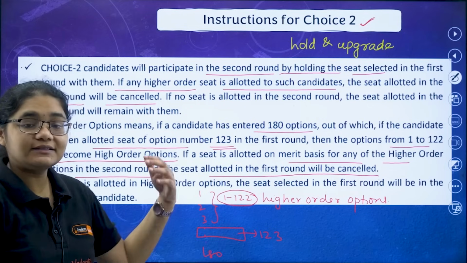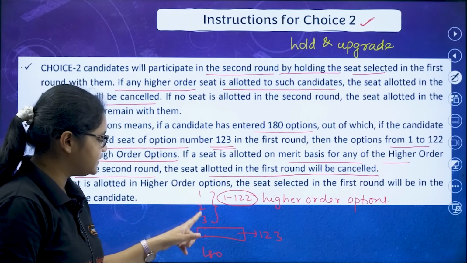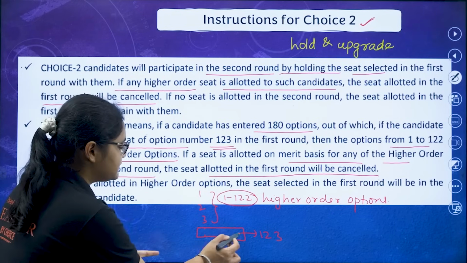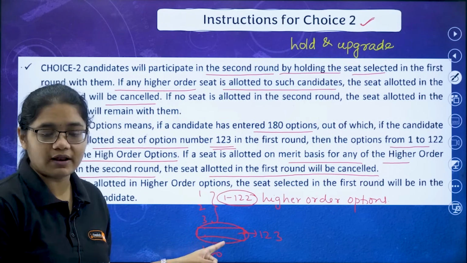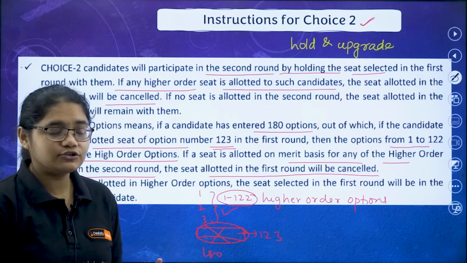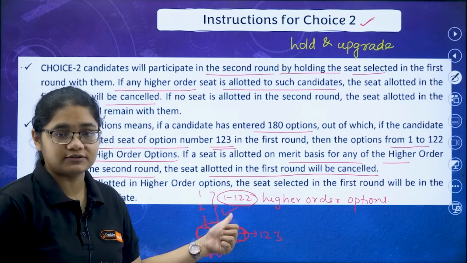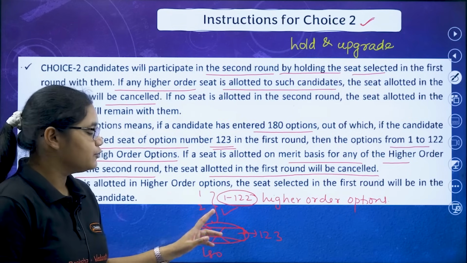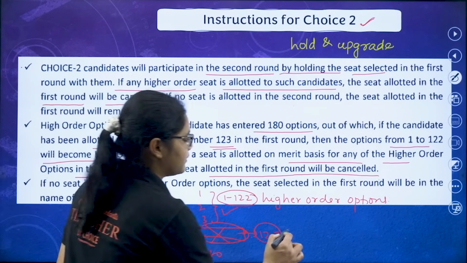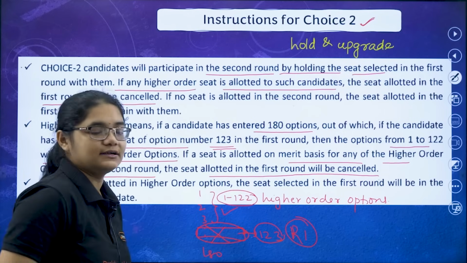In case in the second round you are allotted any seat from this 1 to 122, then the seat which was allotted to you in round 1 will be cancelled. The new seat will be there. You will not be given a choice whether you can select this one or that one. Once you get a better option, the older seat which you got in round 1 will stand cancelled.